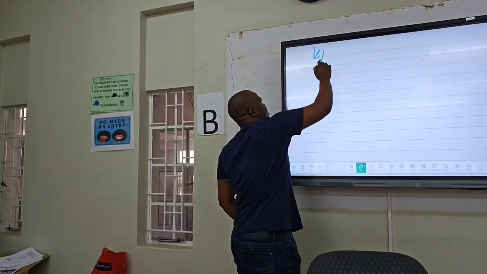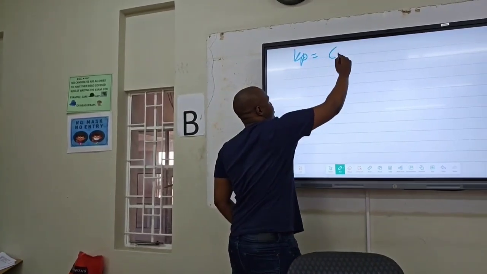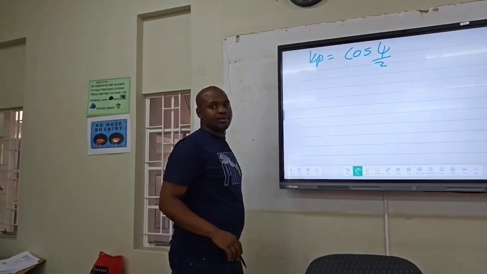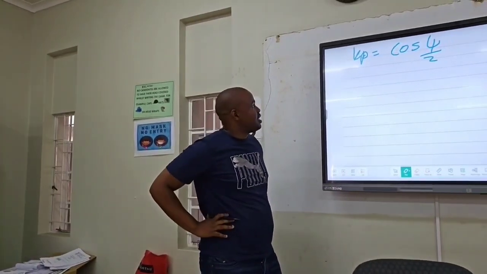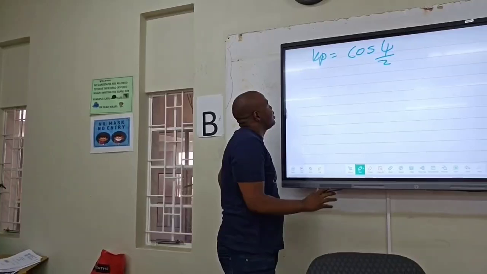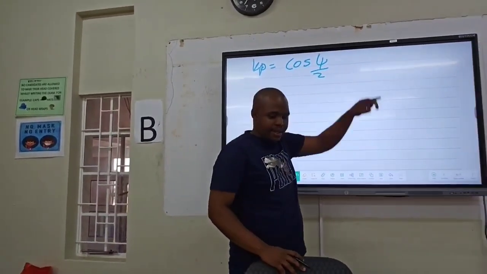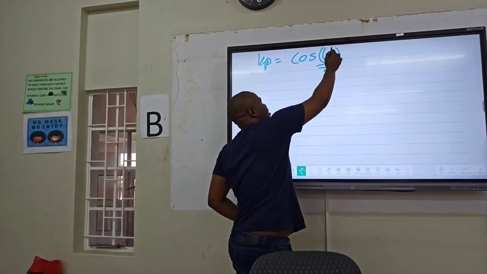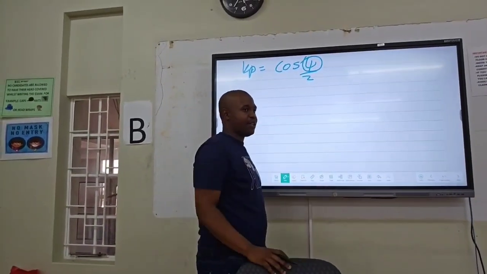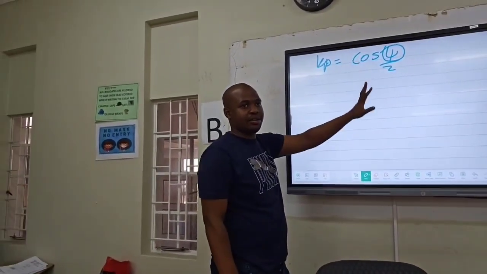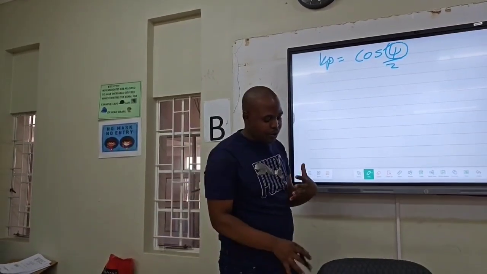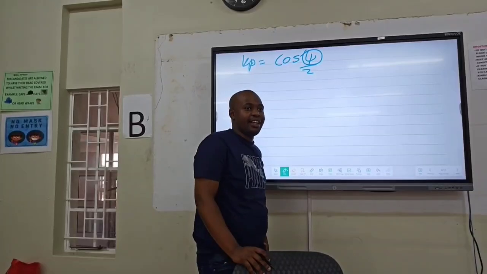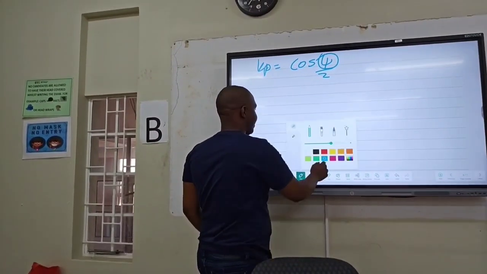For the pitch factor, we are dividing the angle. The angle has a symbol, but what we call it is the short chord angle. And this is how we find it.